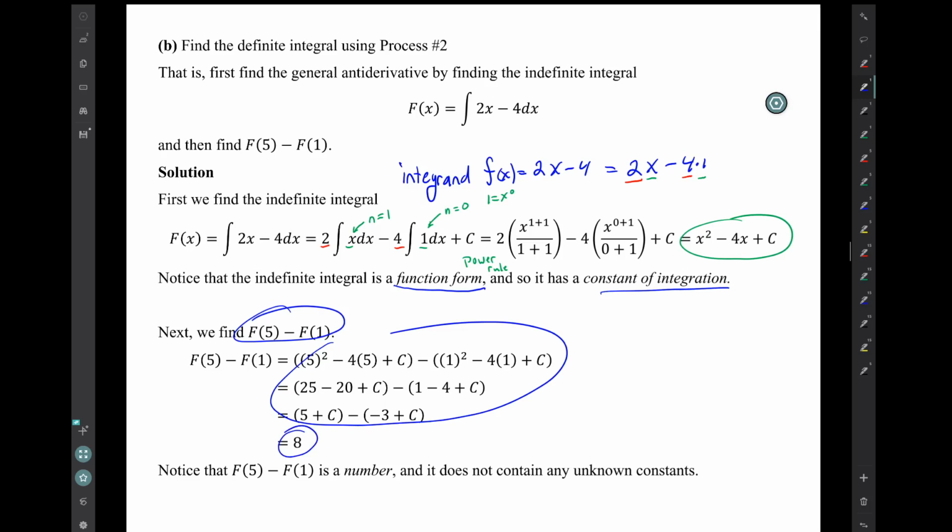So the result is that this expression is a number, and it does not contain any unknown constants. When we start this calculation, we have a constant of integration plus c. But notice that there's a minus sign that results in this plus c canceling that plus c. So the final result does not contain a constant of integration.